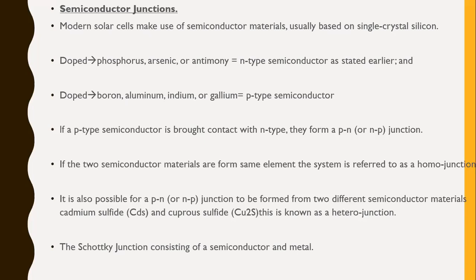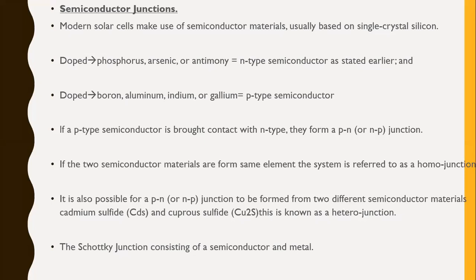If the two materials are derived from the same element, for example silicon doped on silicon, then we get a form called a homojunction.